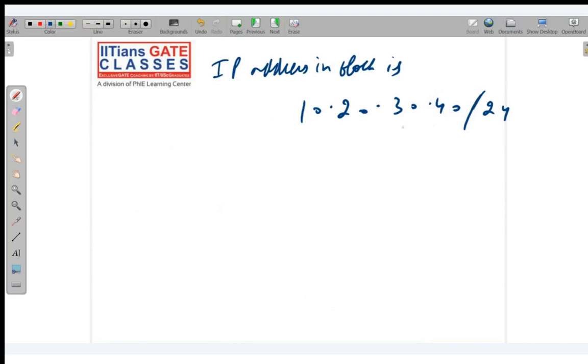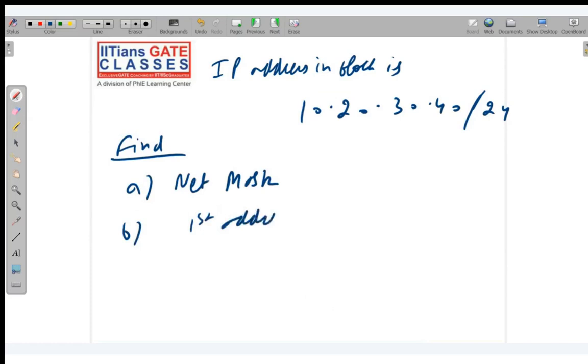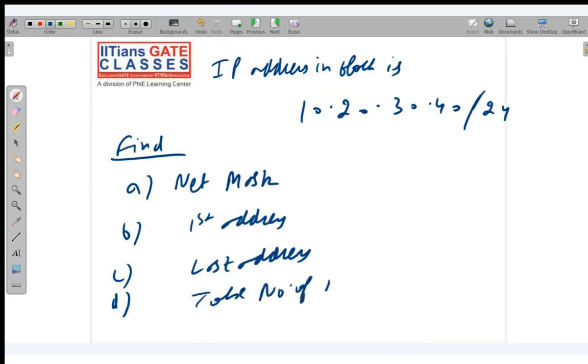Now they will say find: first, the net mask; second, the first address; third, the last address; fourth, the total number of addresses; and the last question will be total hosts. So I will simply say /24.